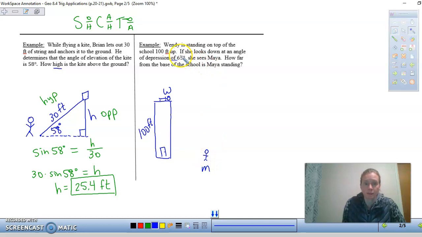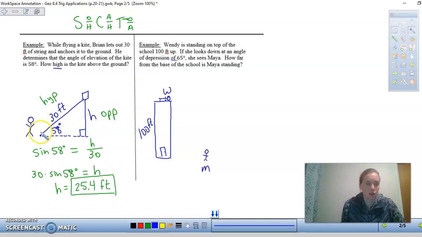Okay, the hard part. If she looks down at an angle of depression, you have to remember, from the top of the building, you have to think of a horizontal. Angle of depression is always from a horizontal and then goes down from there.